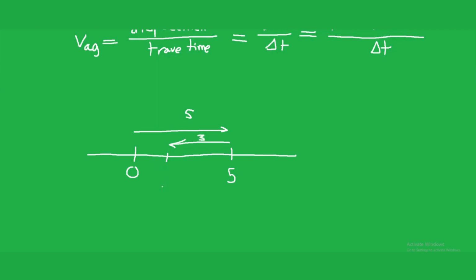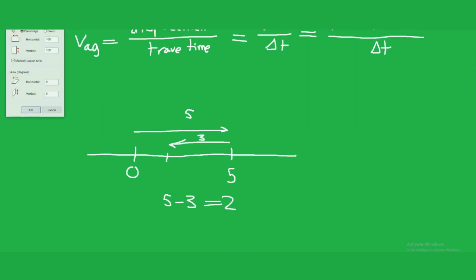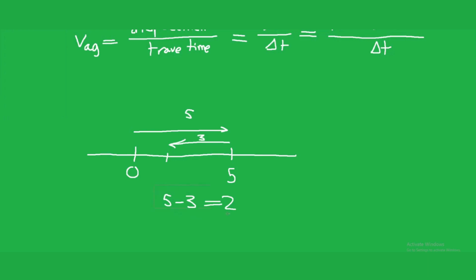Our displacement will be 5 minus 3, which is 2. Our displacement doesn't care how far we've traveled in general. It cares how far we've traveled relative to where we started. So if we started at 0 and we ended up 2 units away from 0, then our displacement is 2.